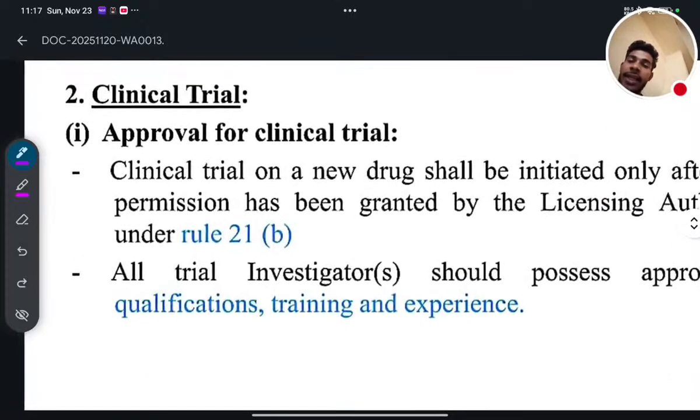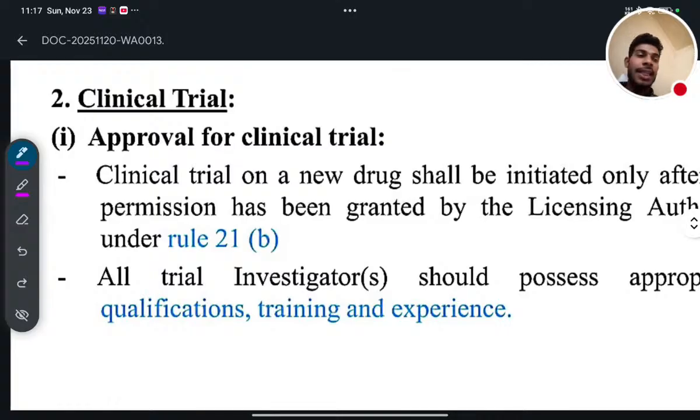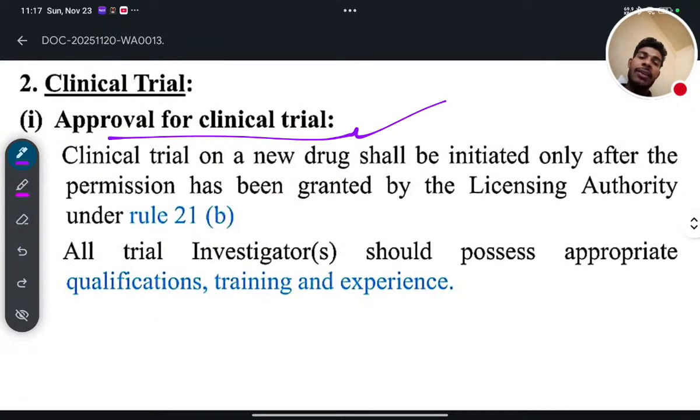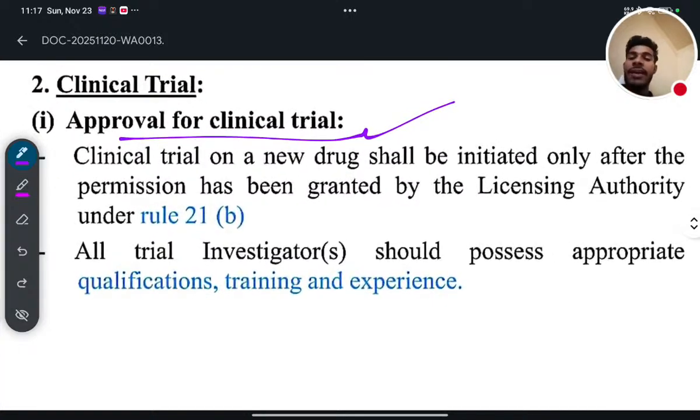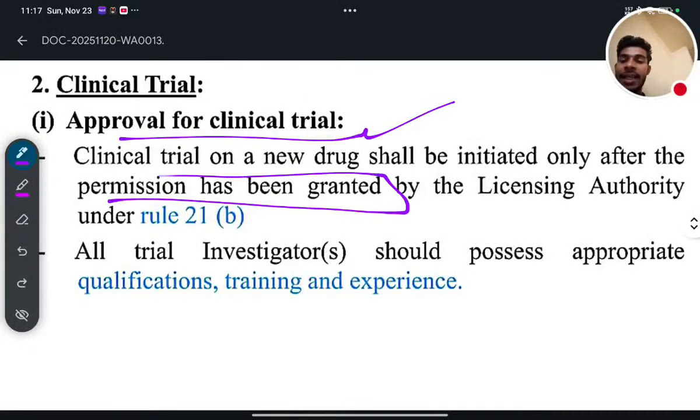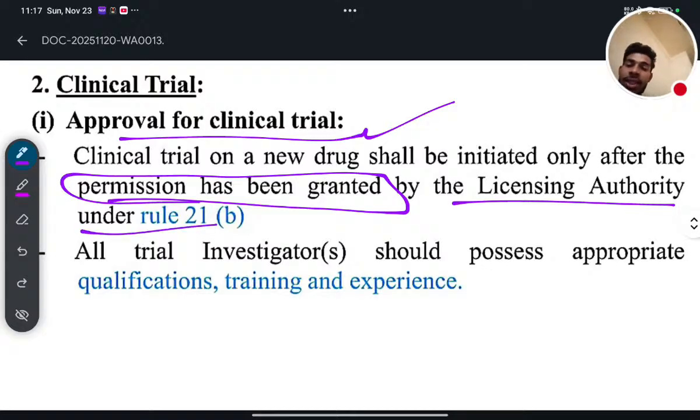Next, we will see clinical trials. In clinical trials, you will have 3 different steps. The first step is approval for the clinical trial. A clinical trial on a new drug shall be initiated only after the permission has been granted by the licensing authority. And under what rule? Under Rule 21B. That rule number is important.